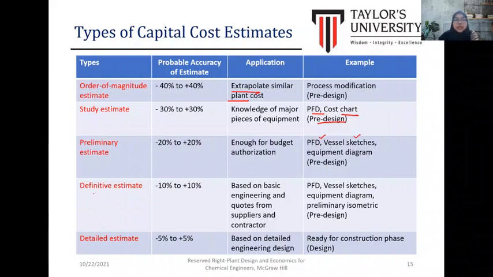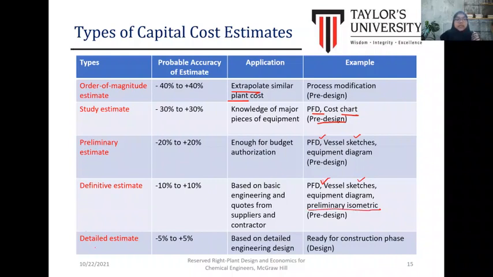Okay, the next type is definitive estimate, where the accuracy is higher, within plus minus 10%. It is based on the basic engineering costs from the supplier and contractor. That means we obtain the actual costs from the supplier and contractor. So it requires the PFD versus cost and also the preliminary isometric diagram.